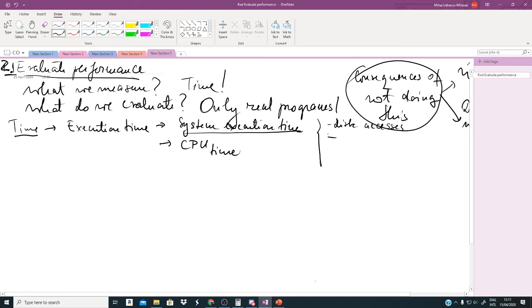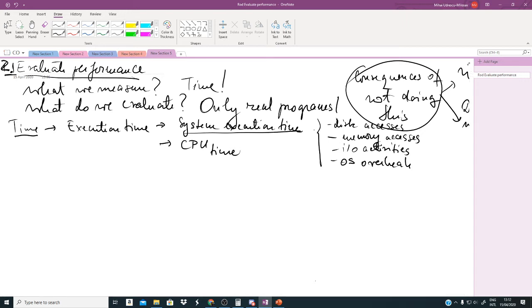You'll have to talk also about memory accesses. You'll have to talk about the input output activities. And you'll have to talk about the operating system overhead. All these things are added to the system performance.